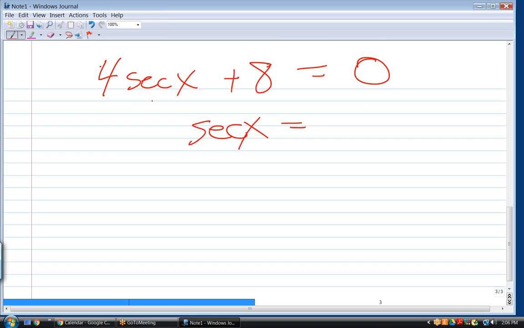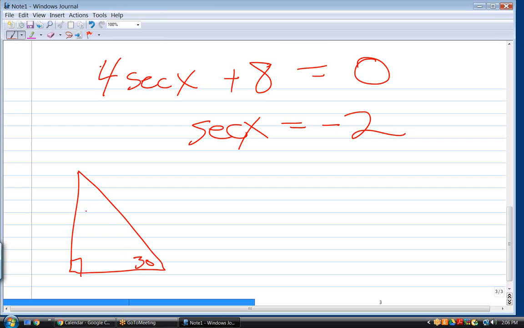Subtract 8, divide by 4, what do you get? Then that would be secant x equals negative 2. Correct. Where is secant of x?